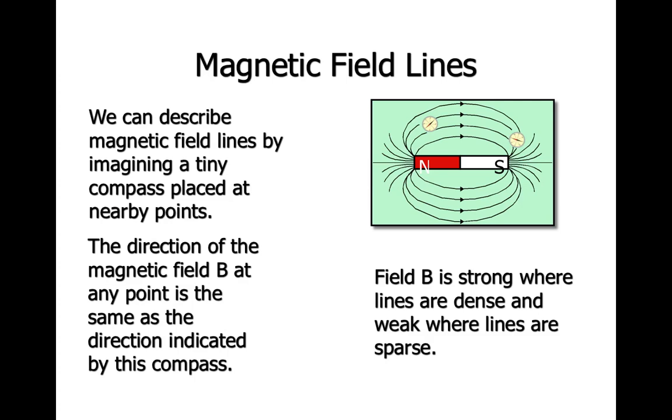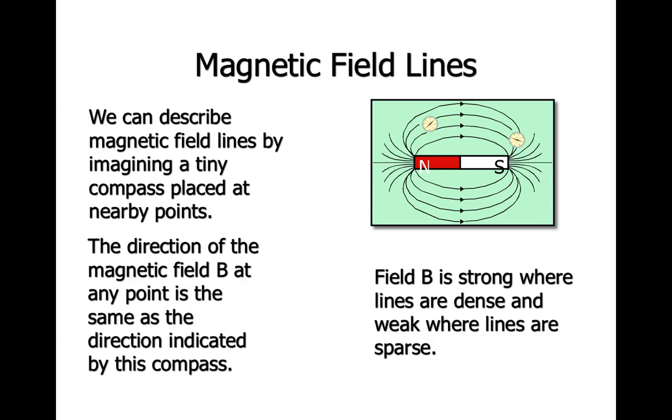Now, we're going to do an activity that involves magnetic field lines. And we can describe magnetic field lines by taking a tiny compass and placing it at nearby points around a magnet. The direction of the magnetic field at any point is the same as the direction indicated by the compass.